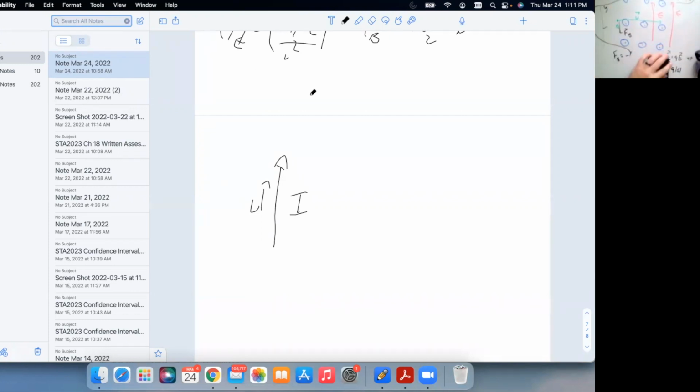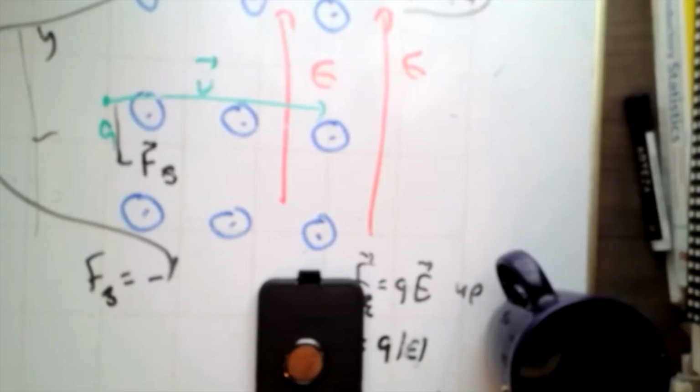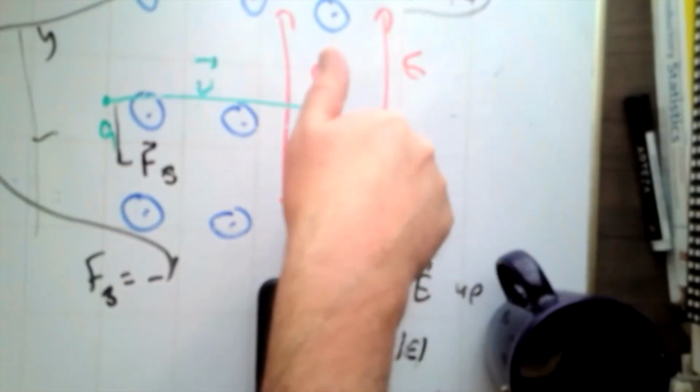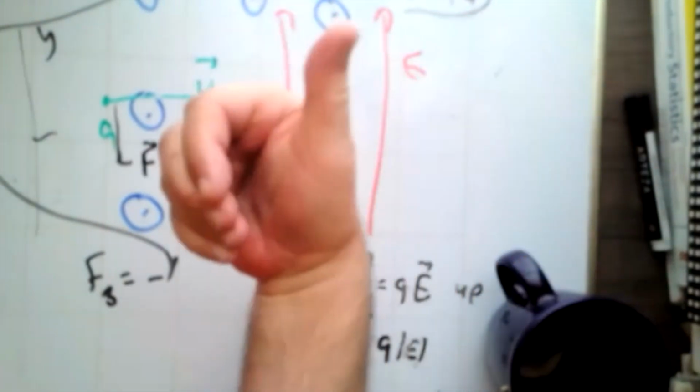So if I've got some current flowing in that direction, like that, then I'll point my thumb in the direction of the current and my fingers will curl around like this in the direction of the magnetic field. So the magnetic field curls around. Let me make sure I'm sharing. If I hit stop share, that'll get it there. Okay. So if a current's flowing that way, the magnetic field will curl around it.